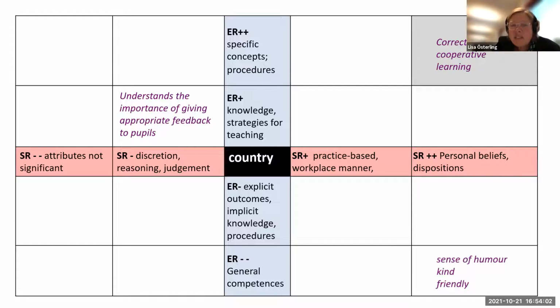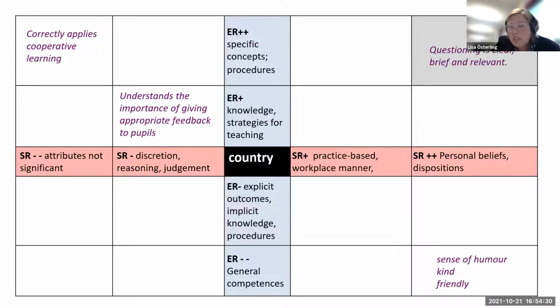We made a distinction between correctly and appropriate. So we would say that using something correctly on the SR scale demands more compliance from the teacher to do something in a particular way. Also, cooperative learning is an example of a very specific concept, which should be known by teachers. So these are a few examples of how to use this tool.